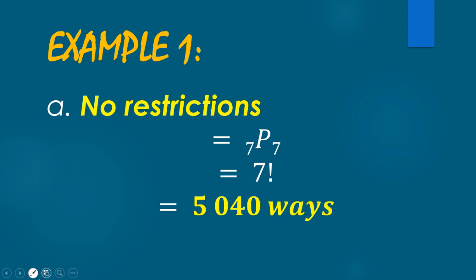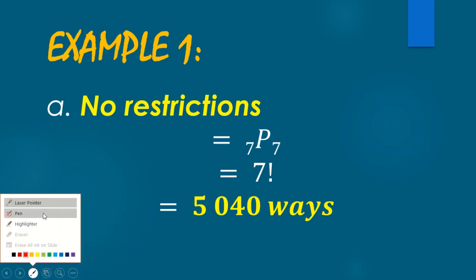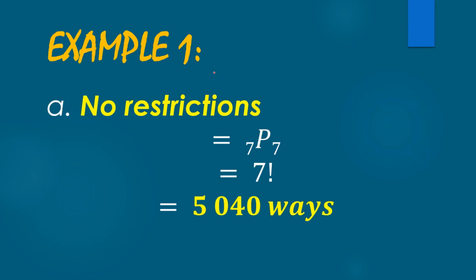Or that means if we have 7 spaces for the word formula, so 1, 2, 3, 4, 5, 6, 7. So in the first place, there are 7 possible letters to be used.